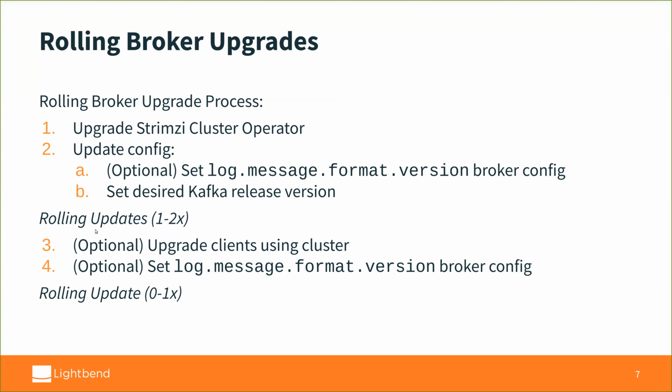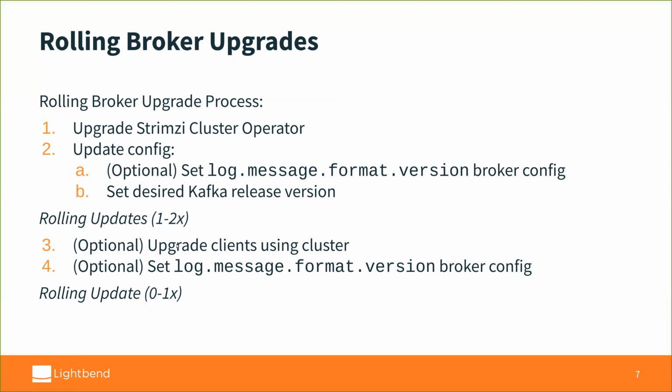So the first thing it will do behind the scenes is set that interbroker protocol version. If you're doing a major Kafka upgrade, usually that version gets incremented, or there is a new protocol available. Strimzi is smart enough to know that that's the case, and will pin the version to the current version, do a rolling update, upgrade all the pods with the new Kafka version, and then upgrade your interbroker protocol version.